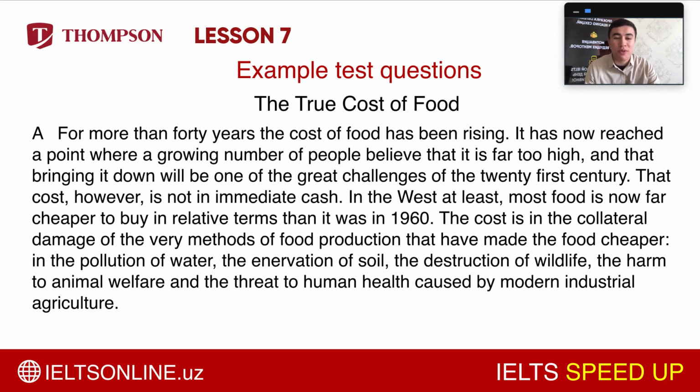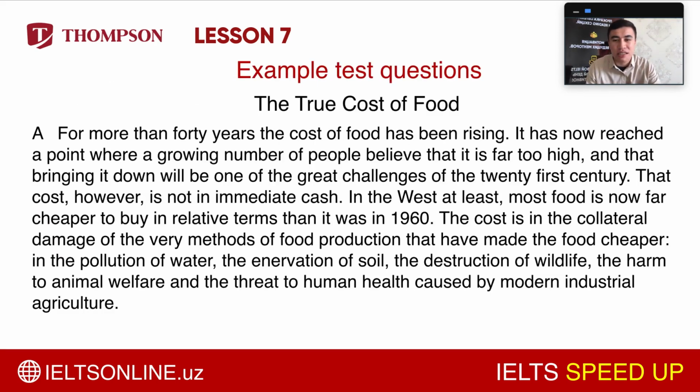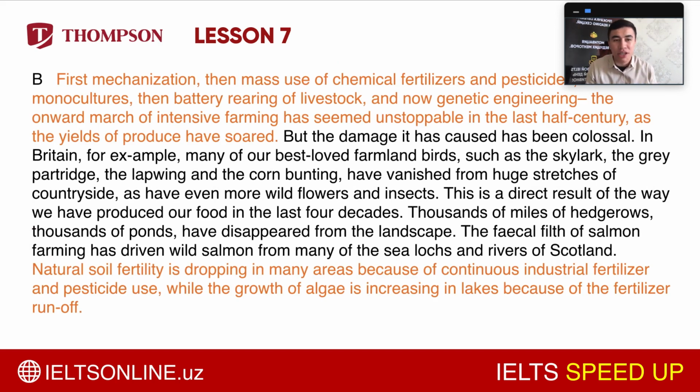Okay, so in this paragraph, we have no information about these questions, and here in B we have, okay, first, mechanizations and mass use of chemical fertilizers and pesticides, then monocultures, then battery rearing of livestock, and now genetic engineering.